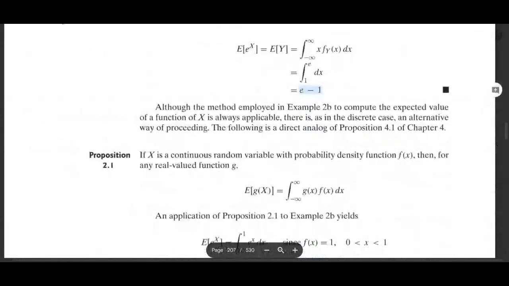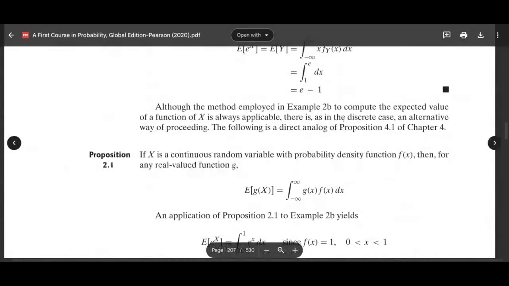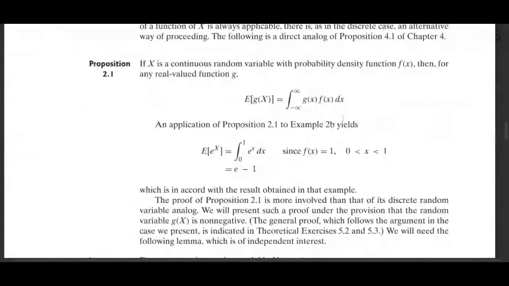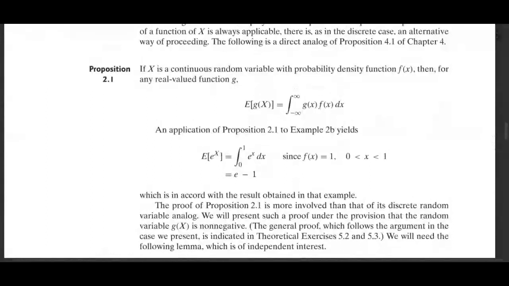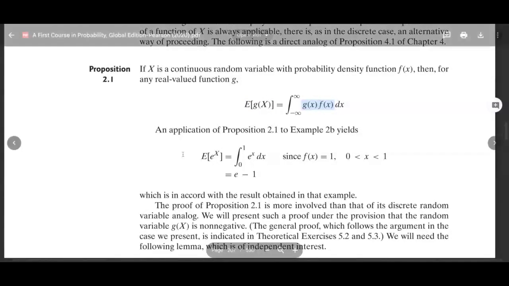All right, let's do this one. If x is a continuous random variable with probability density function f, then for any real-valued function g, the expected value of g of x is, because the variable now is g of x, the integral of g of x times f of x.